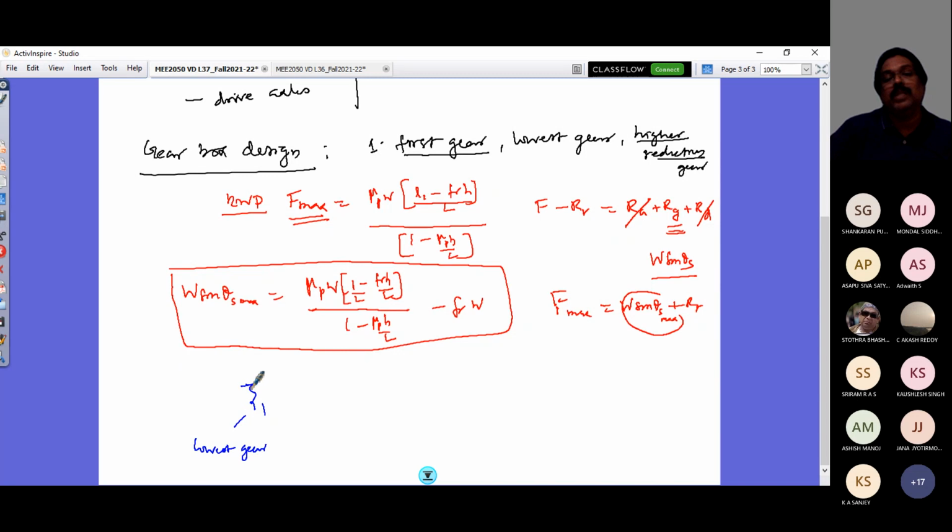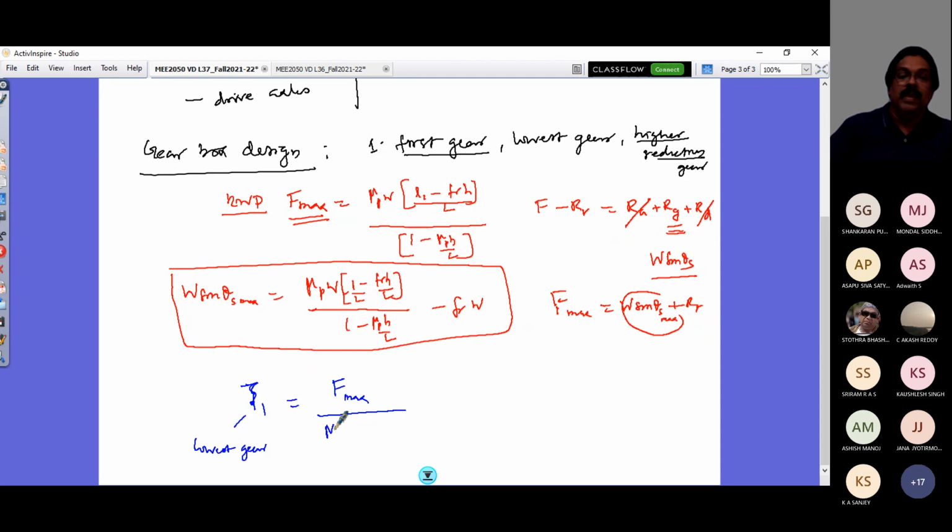The symbol ζ is the gear ratio, and subscript 1 is the first gear. So that would have to provide the maximum tractive effort at the drive axle divided by what comes from the engine, which is through the lowest gear.